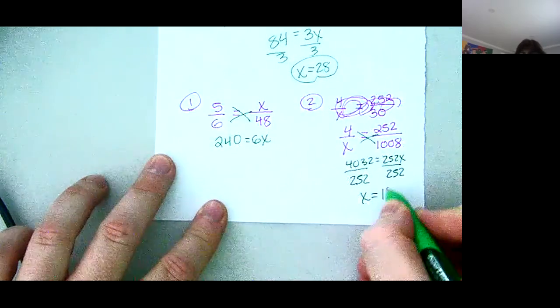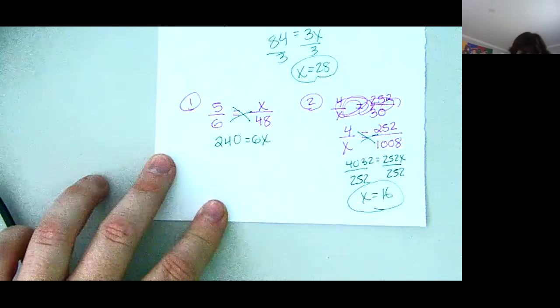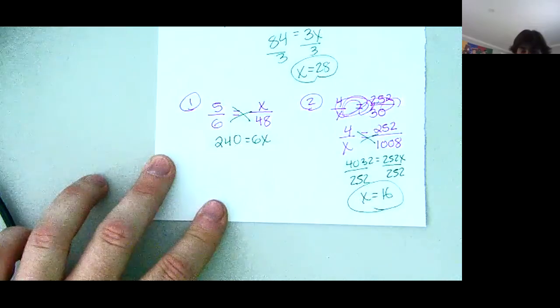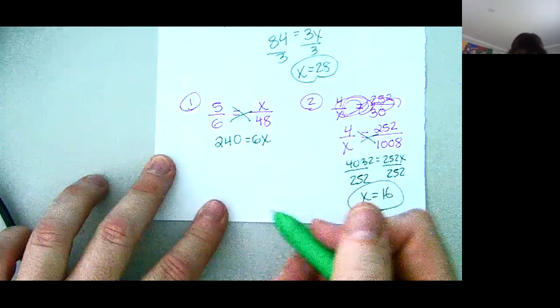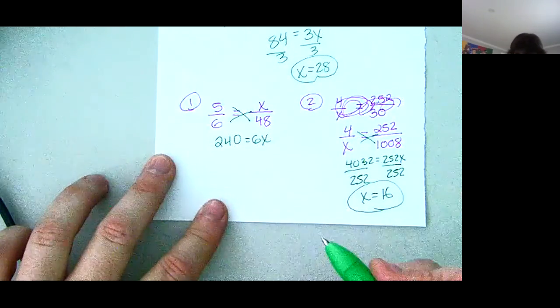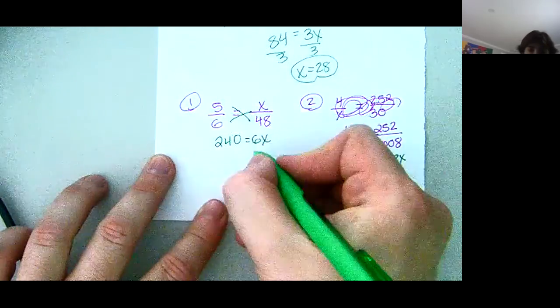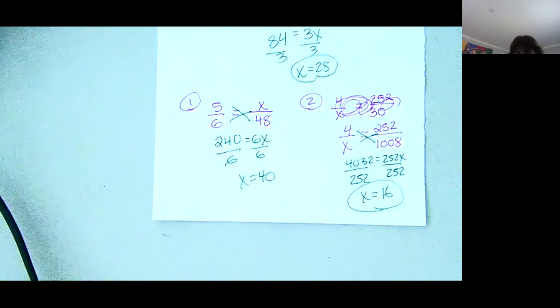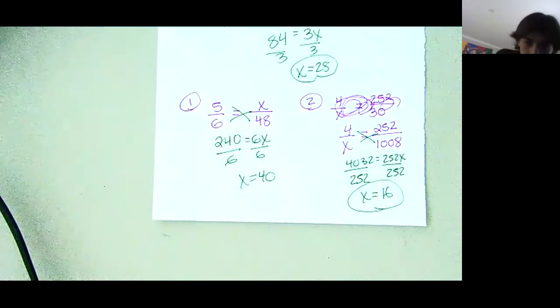Tyler, have you done number 1? Yeah. What do you have? I just had it and I hit the button. I have 40. I like it. Any issues? Are you with me, Anna Julia?